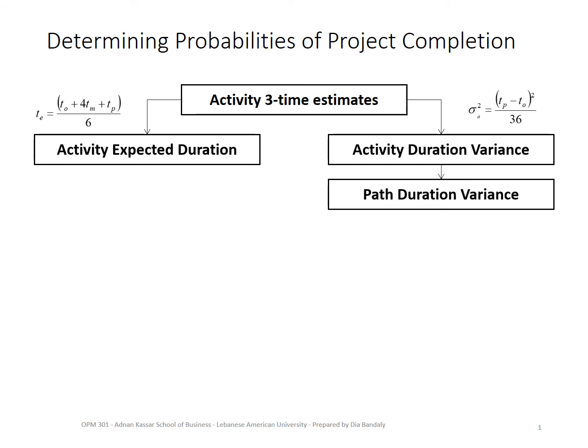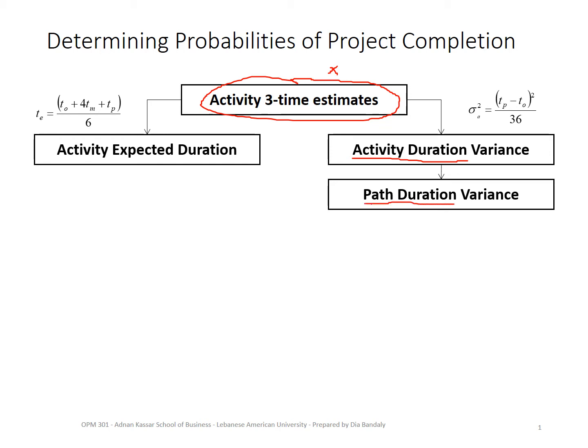And then from the activity variances, we can find the path duration variance. So here, remember, this is how we start. For every activity, we have a 3-time estimate, which means an activity A, for example, its duration we can call a variable X. Then we have activity B, a variable Y, activity C, variable Z. Then from these, we are deriving a new variable, which is the path duration.